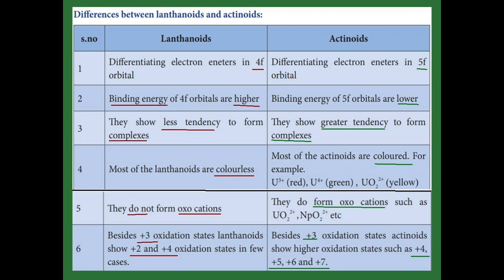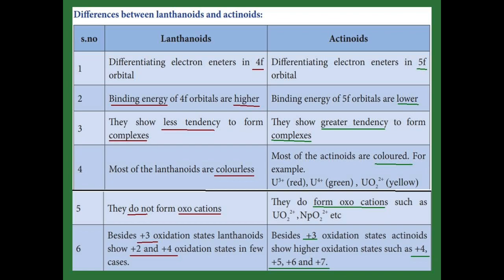See that uranium 3+ has red color, uranium 4+ has green color, and uranyl UO2 2+ has yellow color. The next one: lanthanoids do not form oxocations. What is an oxocation? It forms a compound with oxygen, and then, with electron loss, it gets into the cation position.